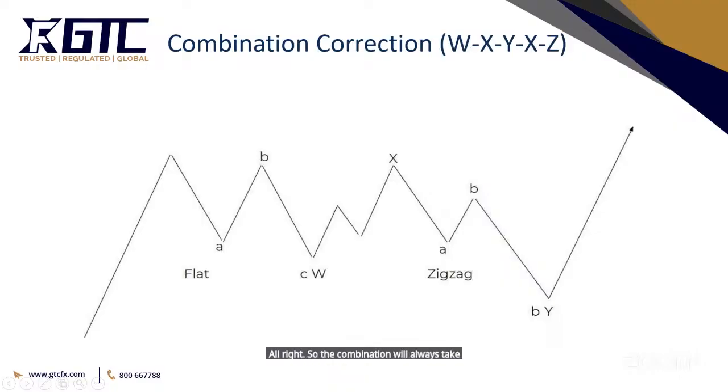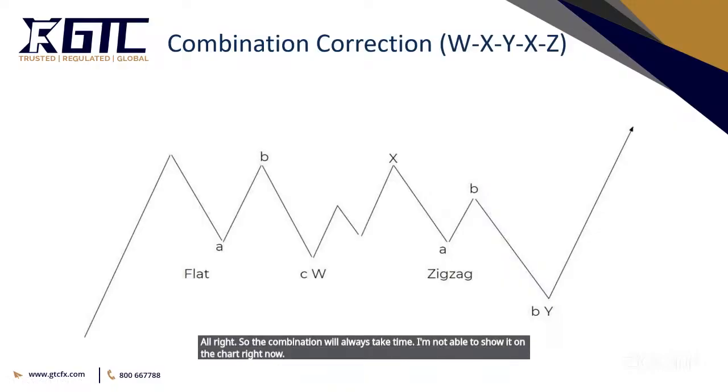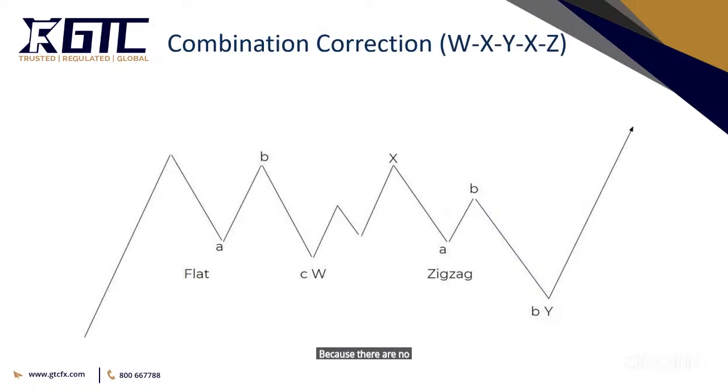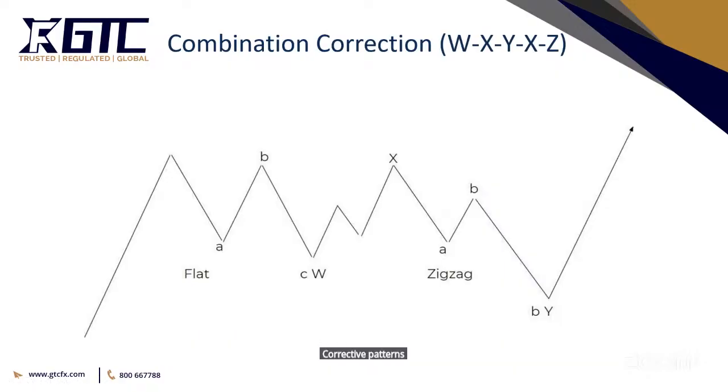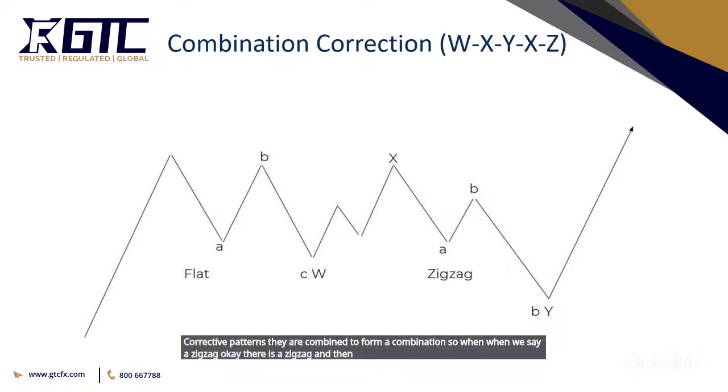I'm not able to show it on the chart right now because there are no specific combinations formed recently. But yes, during the coming practical sessions, I'll find out these patterns. But it's very simple to understand if you understand the logic. Logic is two or three corrective patterns combined to form a combination. So there is a zigzag and then a bridge and then a flat and then a bridge and then a triangle. It makes a W, X, Y, X, Z.